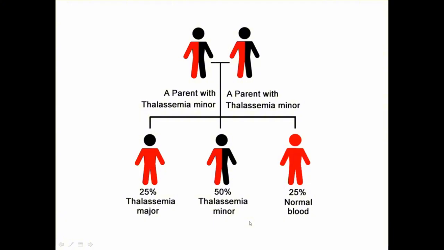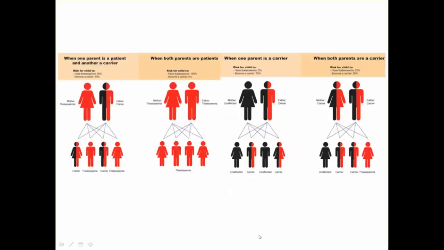And this is the algorithm if you have parents with thalassemia minor. With two parents with thalassemia minor, 25% of the offspring will have thalassemia major, 25% will be normal, and 50% will have thalassemia minor.